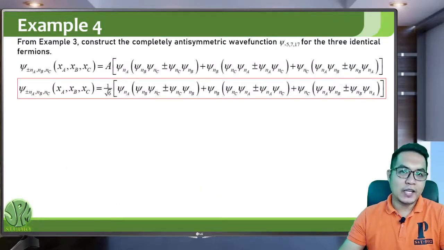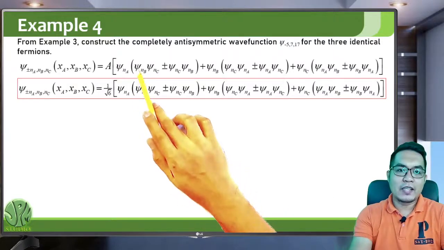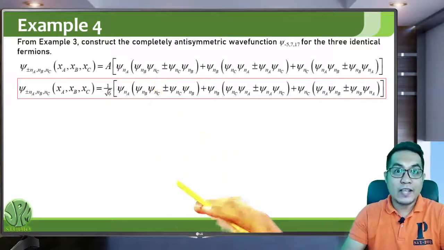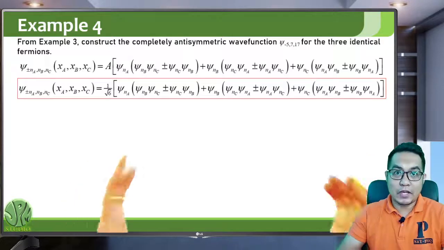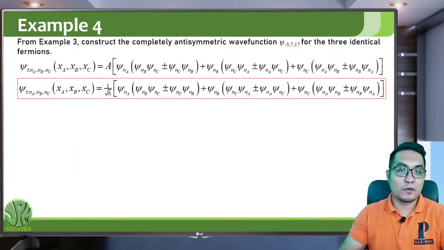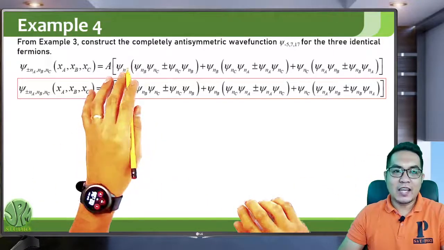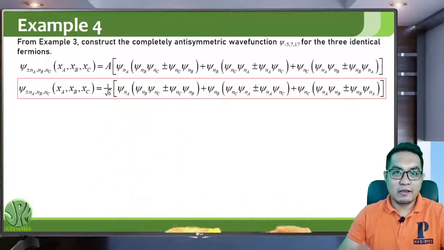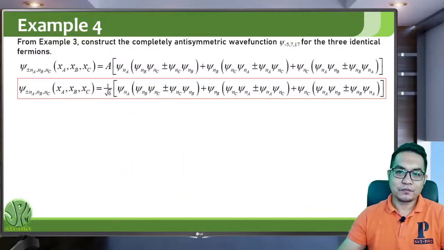So in the case of fermions, the 3 states psi NA, psi NB, and psi NC are always distinct. They cannot be the same. But in the case of bosons, psi NA, psi NB, and psi NC can be the same.